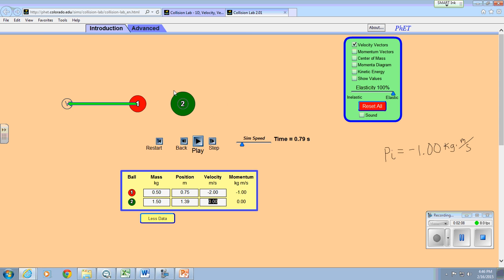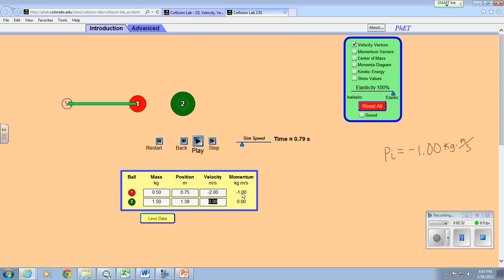And we can see that the second object, the green object, has zero momentum. The reason it has zero momentum is it no longer has any velocity. And object 1 now has a negative momentum, and it's going in the opposite direction.